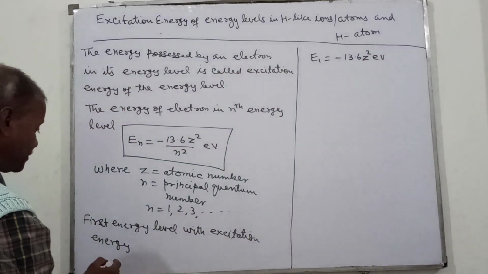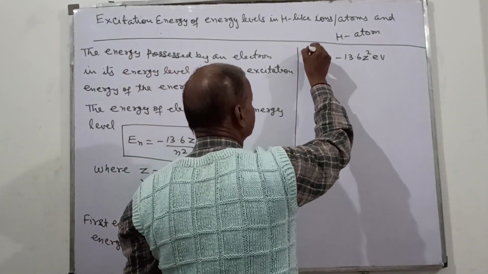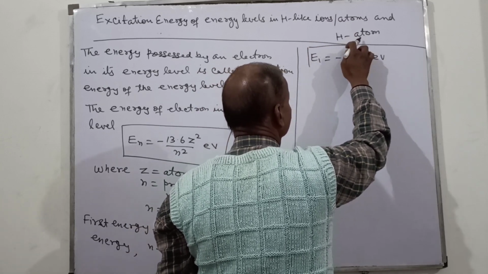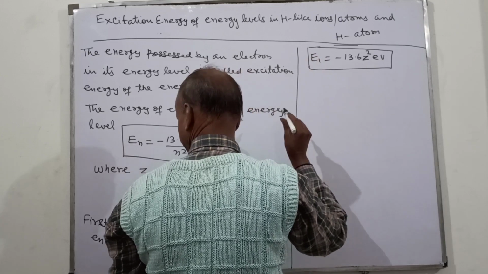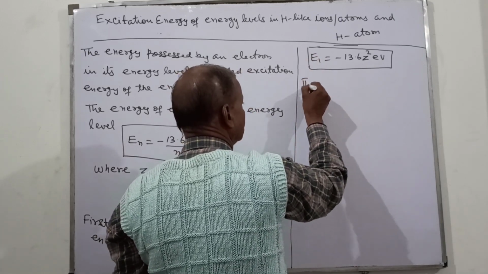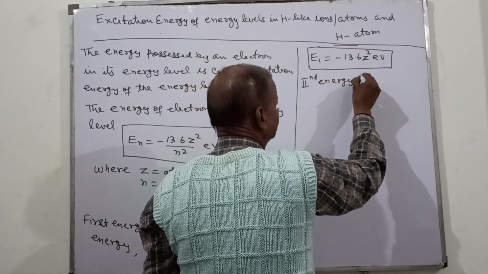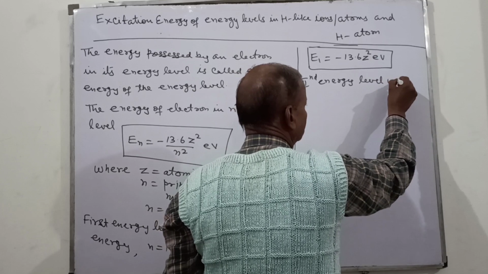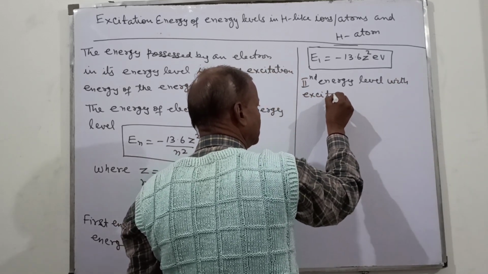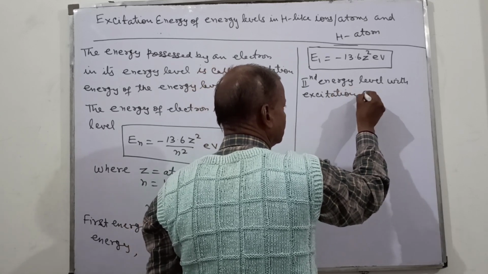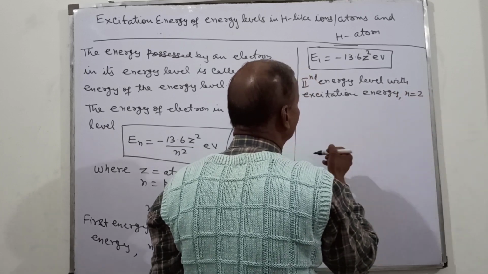So this is the first energy level, where n equals 1. Now the second energy level with its excitation energy: here n is equal to 2.